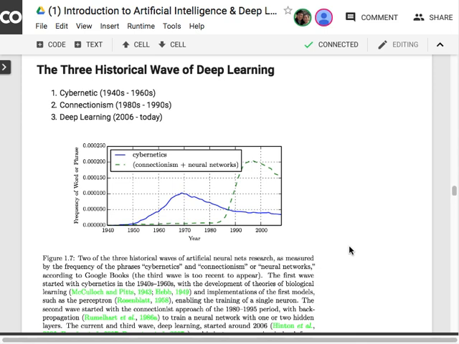Then they sparked again under the name of connectionism, starting in the 1980s and lasting to the 1990s. And then they went down again because of the rise of SVM, kernel machines, and graphical models. But after Hinton created the deep belief network, it boomed again in 2006, under the name deep learning until today.